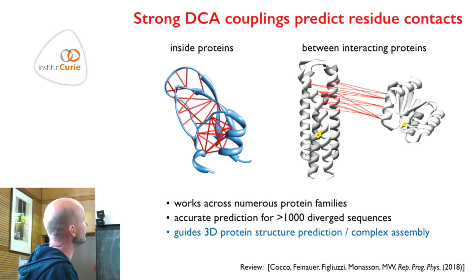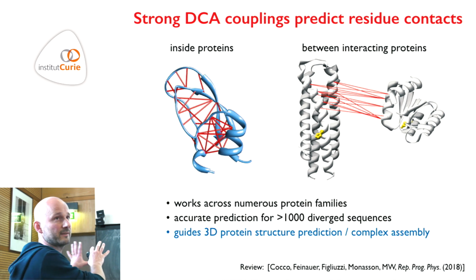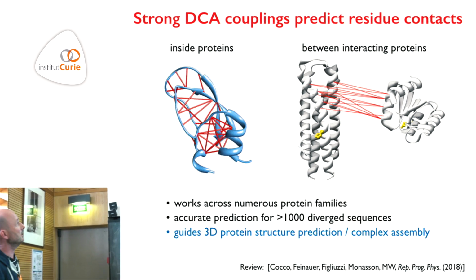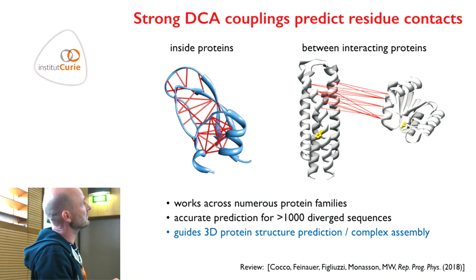There are other tools to do this. So these are just distant couplings, the first 30 plotted, and they are all contacts in this case. And you can use this for protein structure prediction just from sequence data. It's used quite a lot now, this method and its sister and brother methods.